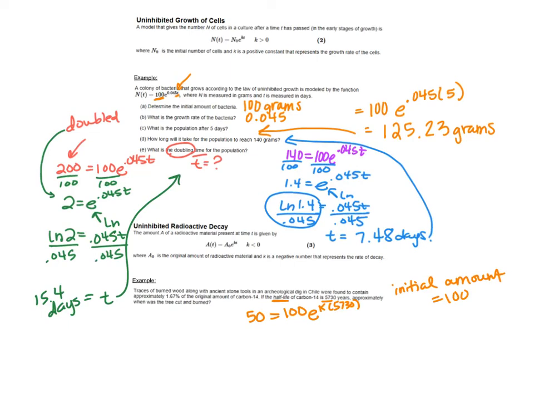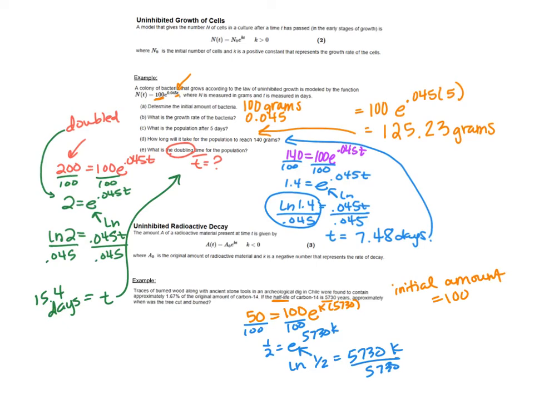All right, so let's find out what K is. So same way that we were solving last time, first thing I want to do is I want to divide by that 100, which we know it's a half-life, so it should equal 1/2. Okay, e to the 5,730 K. So to get rid of that e, I'm going to introduce that natural log. And then I'm going to divide by that 5,730.